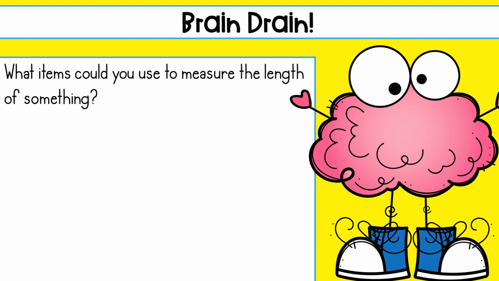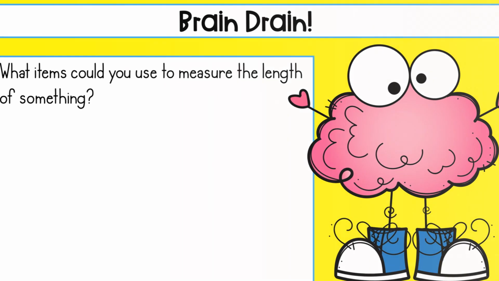So for example, just think you want to measure the height or the length of a desk. Can't use a ruler, so what could you use to measure it? Press pause, have a little think to yourself about some objects that you might have at home or at school. Think about what you could use to measure. And once you think you have the answer, press play and I'll show you just some examples.